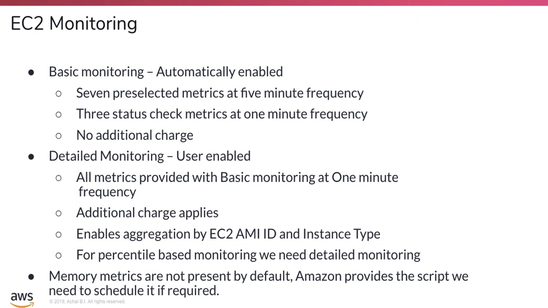You have to run that inside the EC2 instance and get the metric data. You can publish this metric data at any frequency. You can even send it for each second if you want, and that can be captured in your metric console.